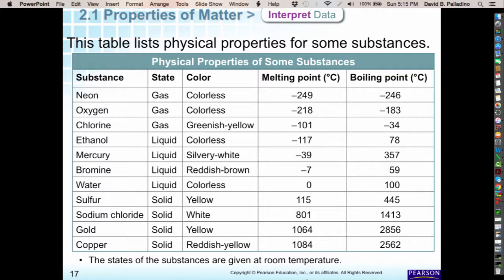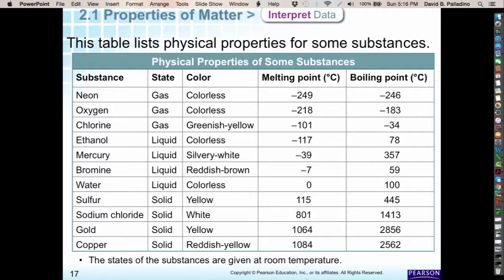Since I've given them the terms gas, liquid, and solid, that's what appears at room temperature. So you'll see the gases have a very, very low boiling point, so at room temperature they're going to be gases, whereas the solids have a very, very high melting point. And the liquids are intermediate.